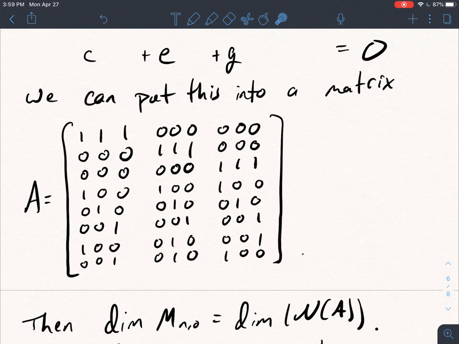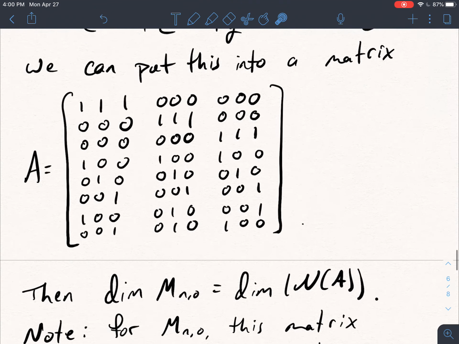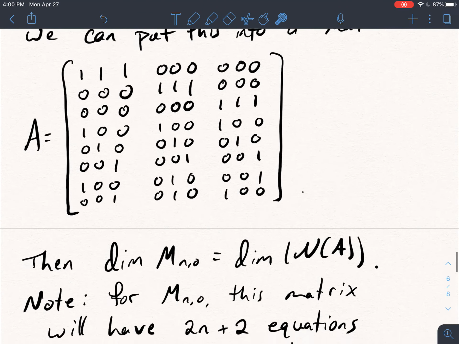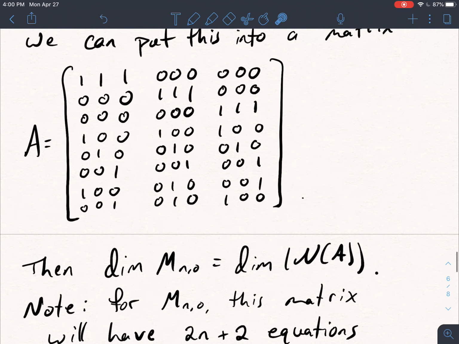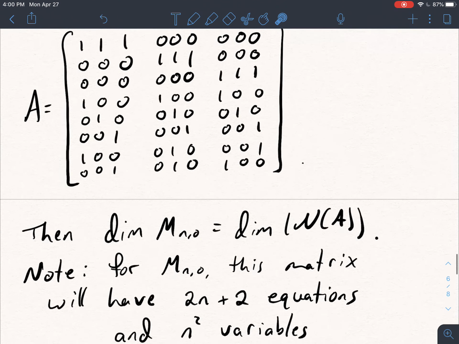I have done this for a matrix coming from 3 by 3 magic squares. The size of this matrix is actually 8 by 9.